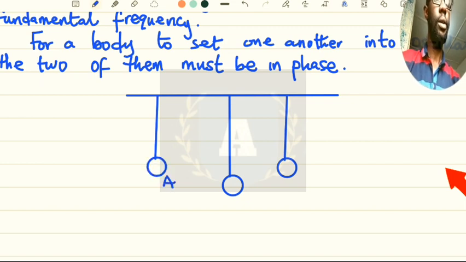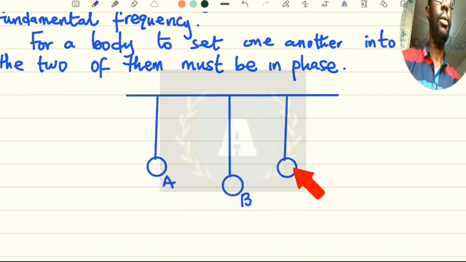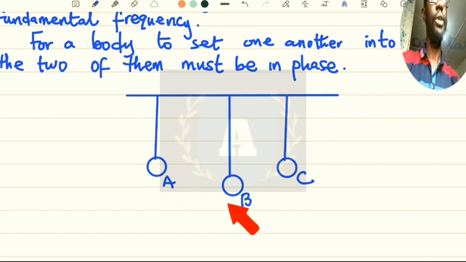If these are A, B, and C, for instance, A can set C into oscillation because they are in phase, so they will exhibit resonance, but not with B. B is not in phase with them.